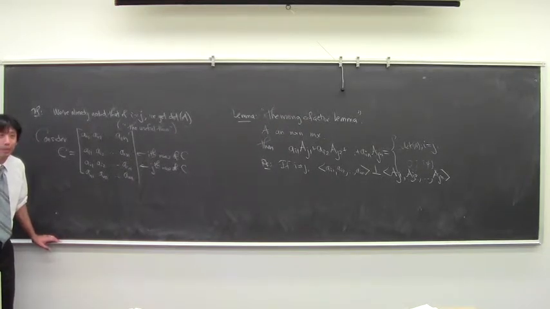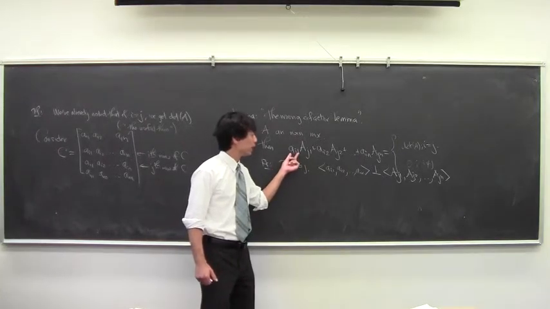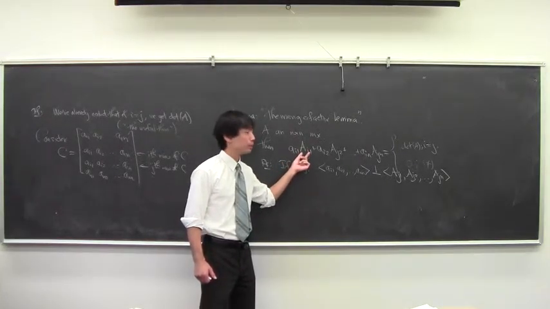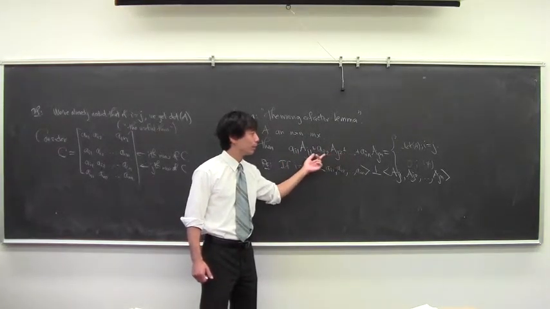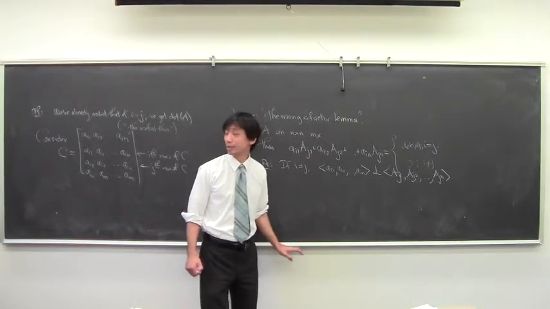Okay. Does anyone see how to get to the end? Why does considering this matrix give us that if you take a_i1 against capital A_j1, and so on, you get 0? How do we get a 0?